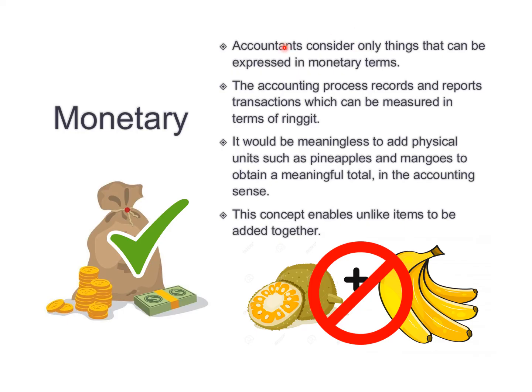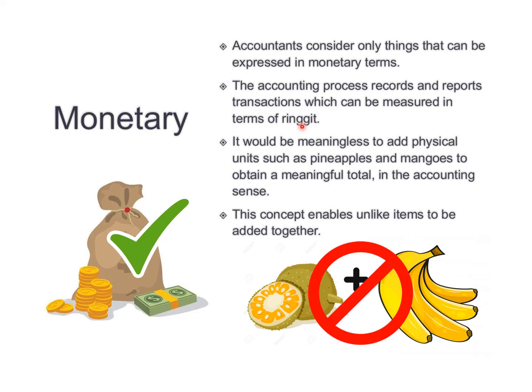So, accountant hanya akan consider things that can be expressed in monetary term. Mesti boleh di-convert kepada dollar term, monetary term. The accounting process records and reports transaction which can be measured in term of ringgit.